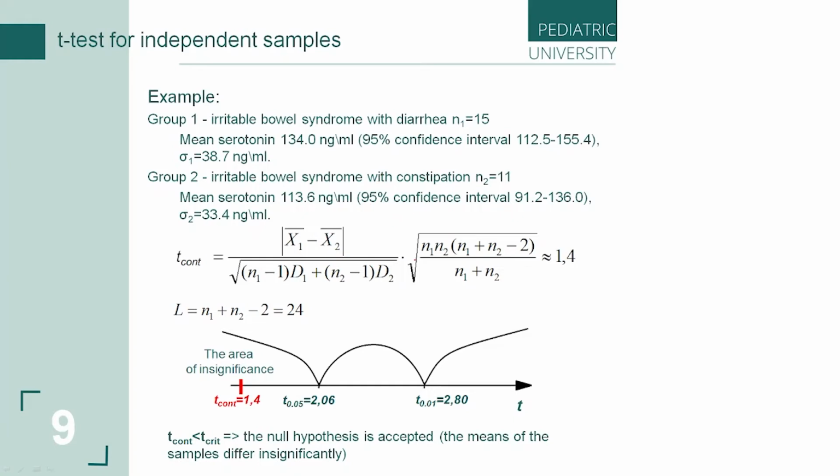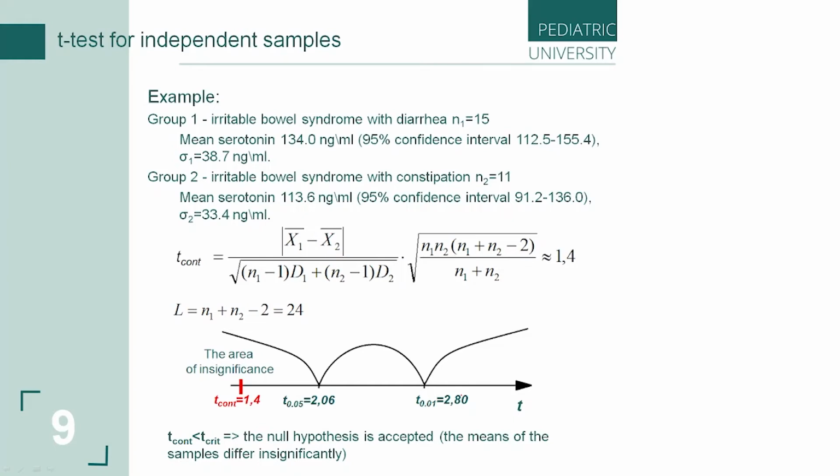So, the number of degrees of freedom is 24. Proceeding from the number of degrees of freedom, we find the critical values in the Student's distribution tables, and we put it on our line. 2.06 is the critical value for a significance level of 0.05, and 2.8 is for a significance level of 0.01.